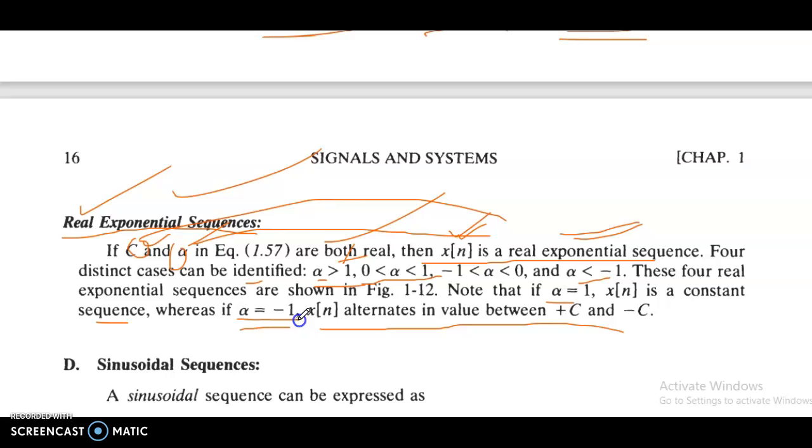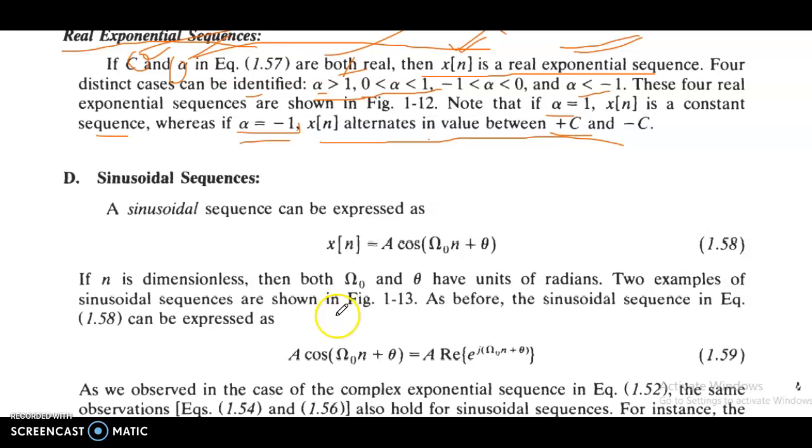If alpha equal to minus 1, x of n alternates in value between plus c and minus c.